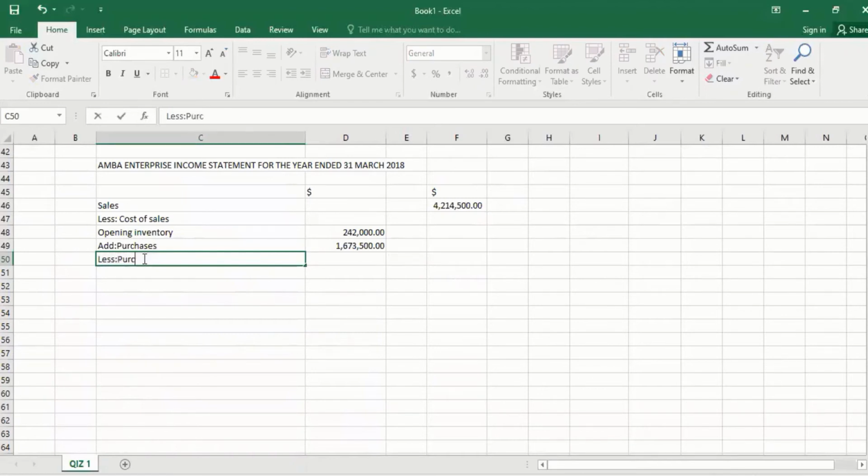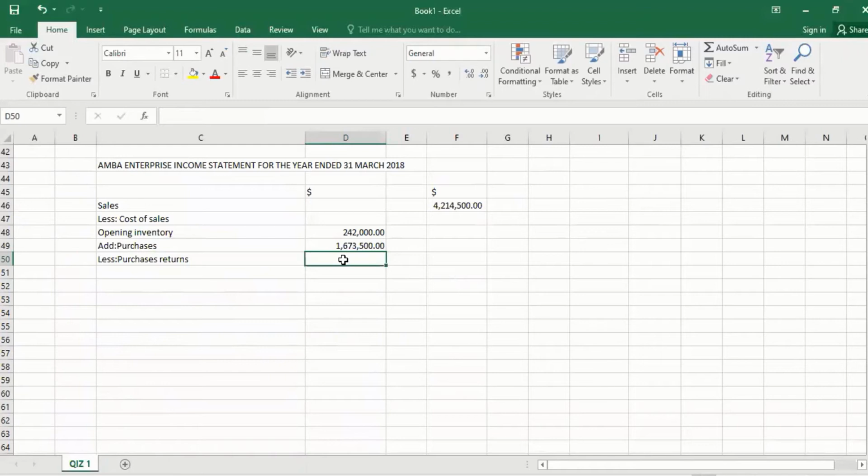Then there are some goods returned, purchases returned. So it should reduce the value of purchases. You should read the question first before you solve. I know I might be a bit fast, but I want you to get it.